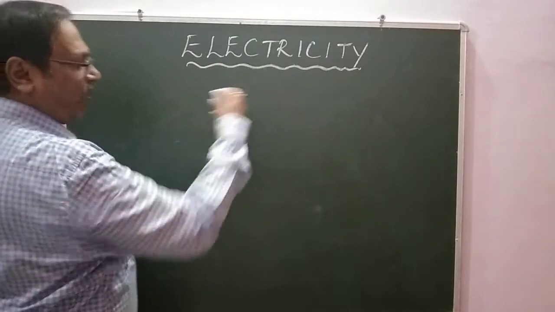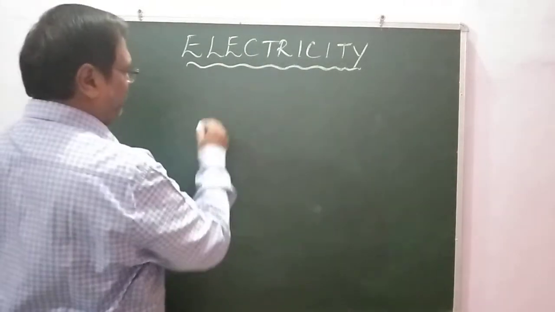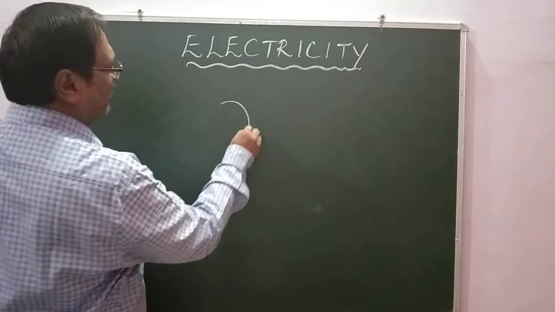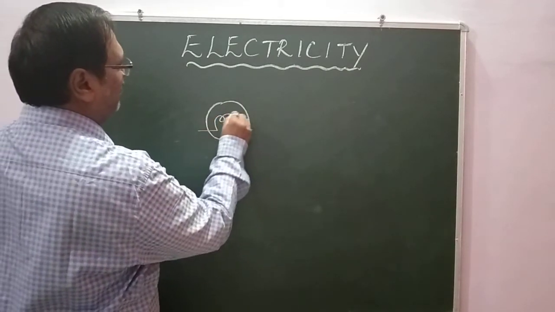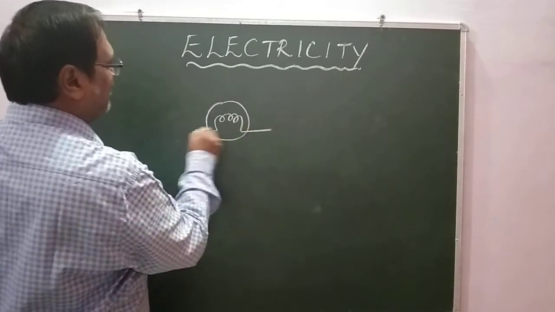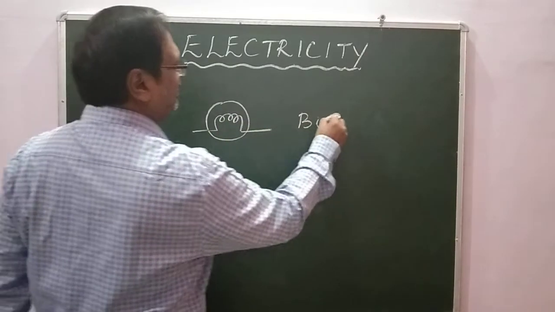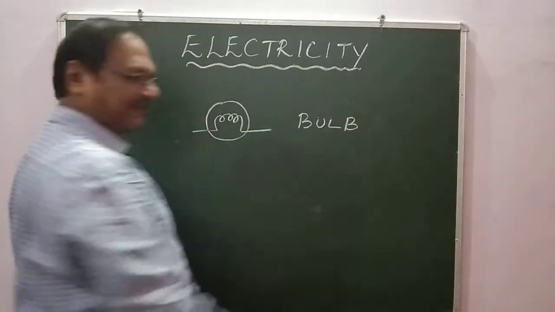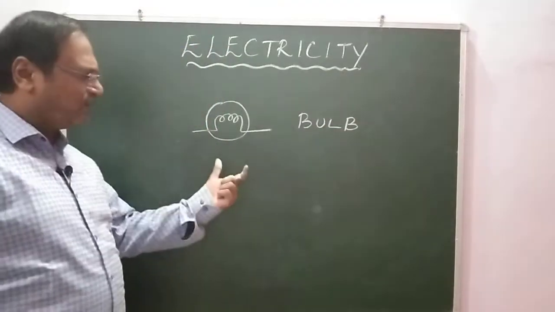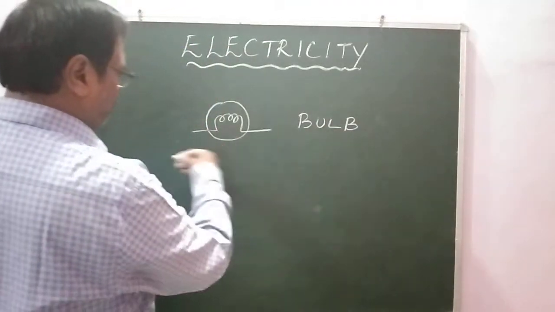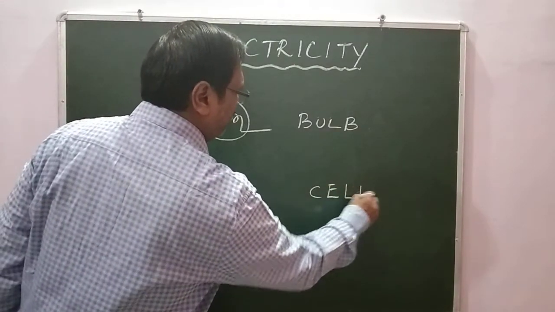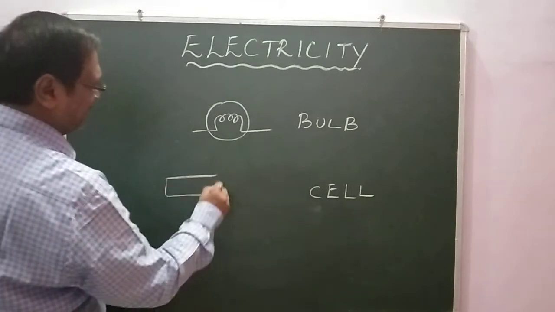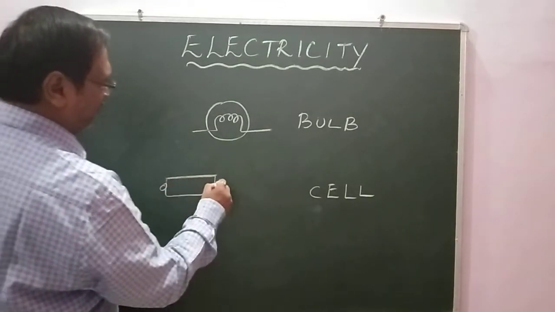Do you know how to draw a bulb? Very simple. Put a circle like this, and then inside you draw like this, and this is a bulb. Now you have a cell. Every time you cannot draw a cell like this with positive and negative.